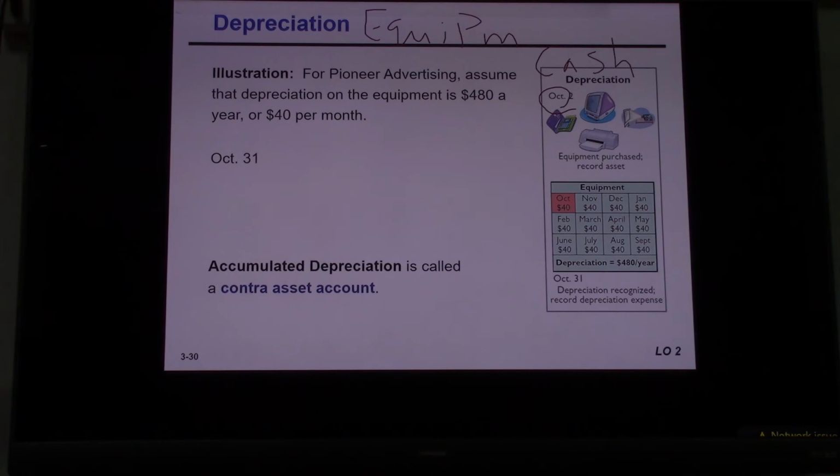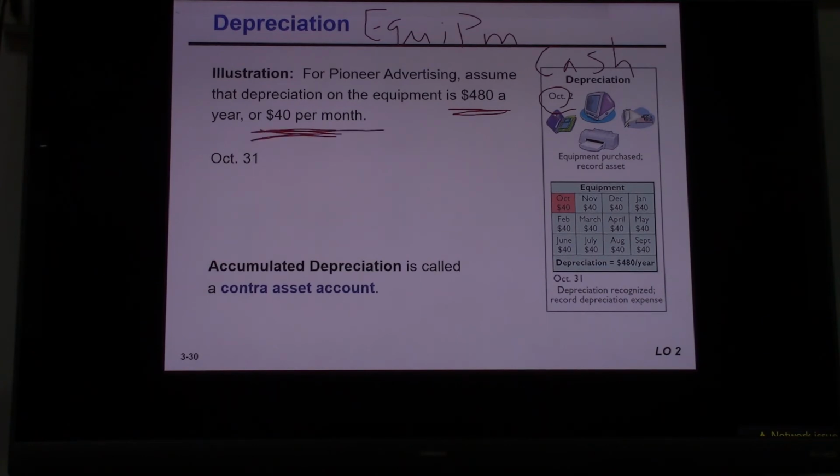Now, on October 31st, assume that the depreciation on the equipment is $480 per year or $40 per month. We now own an asset whose cost, or original price, is $4,800, and whose useful life is 10 years. The depreciation of the equipment is $480 annually or $40 per month.